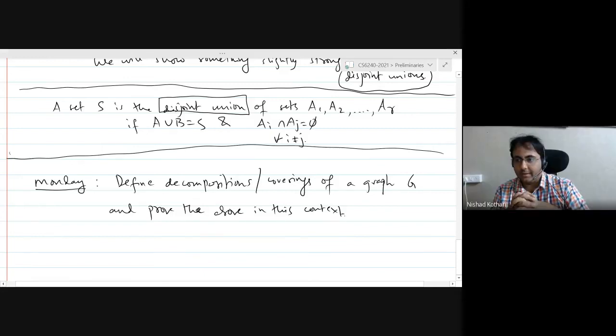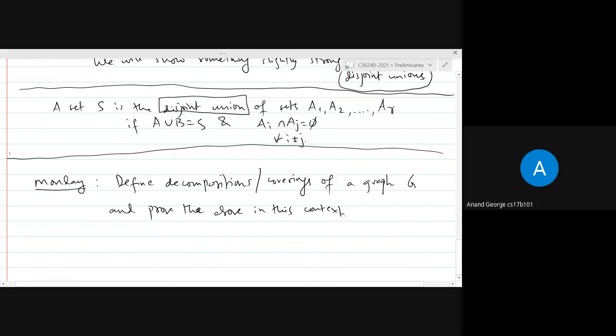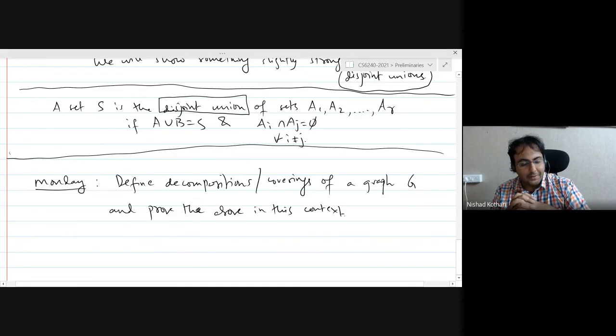Sir, you mentioned an encoding for describing a subgraph in terms of vectors, with a 0 and 1 encoding. Can we do something similar for digraphs where each edge is directed? Yes, there is definitely stuff you can do.